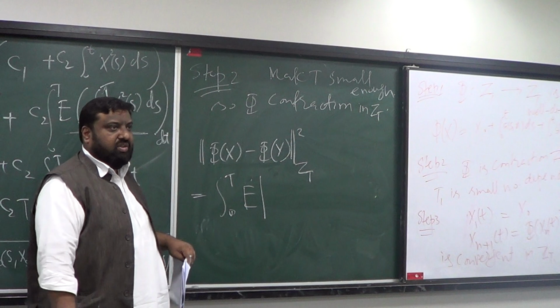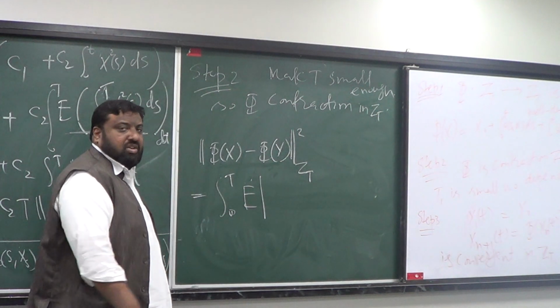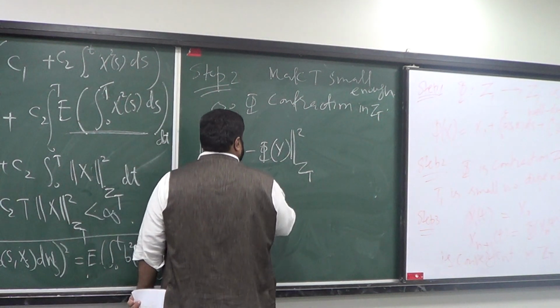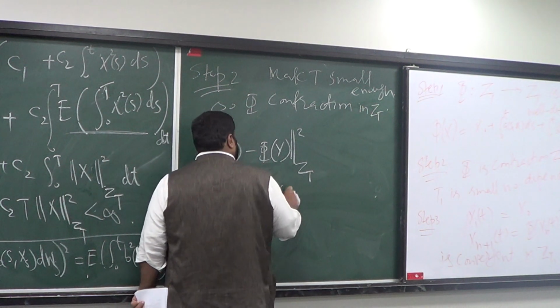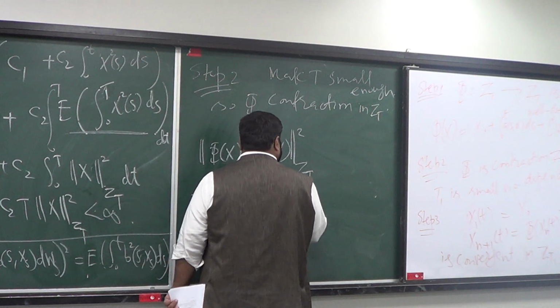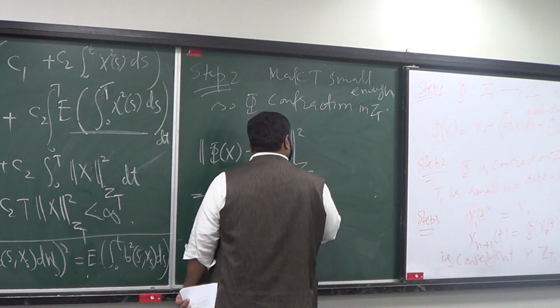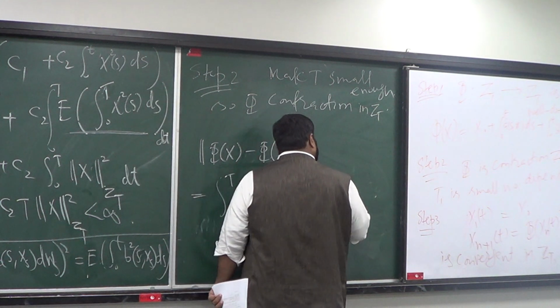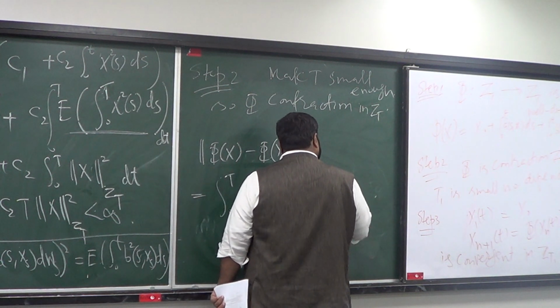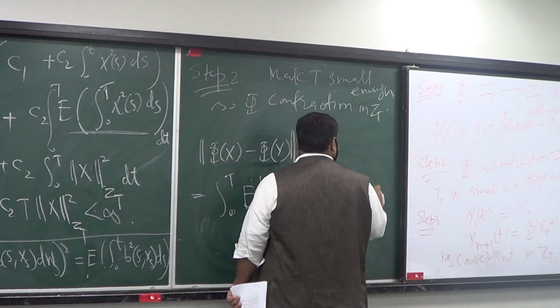That will be it, right? The expectation of phi of x of t minus phi of y of t, squared, and dt.